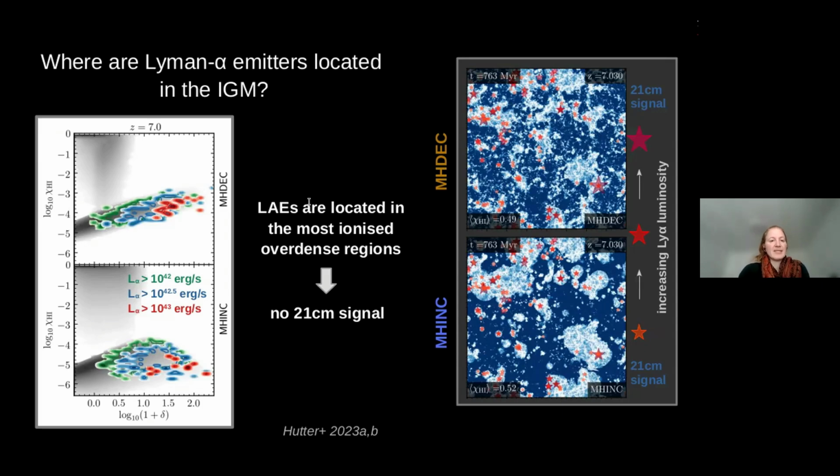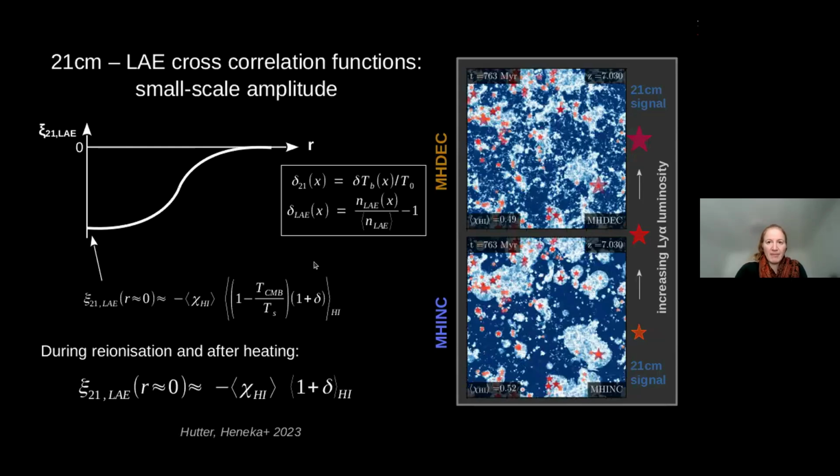So this is essentially crucial if we want to understand the cross-correlation function. And so what this allows us to do is to formulate an analytic estimate for the cross-correlation function. And what essentially we find is that during reionization and after heating, the small-scale amplitude scales as minus the neutral fraction of the IGM and the density in the neutral regions.